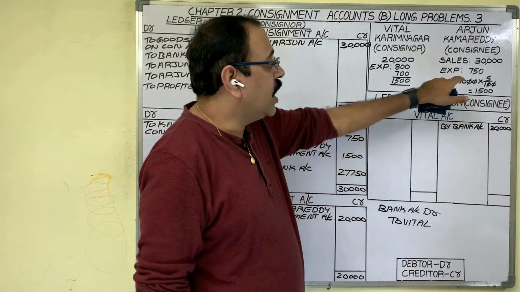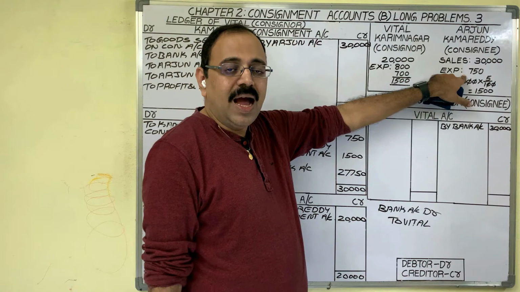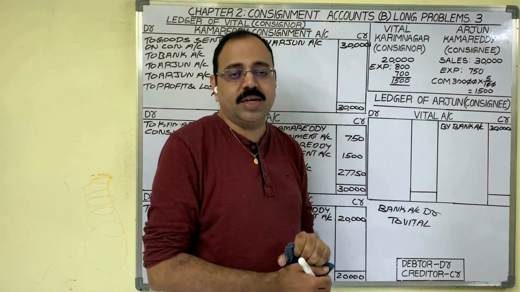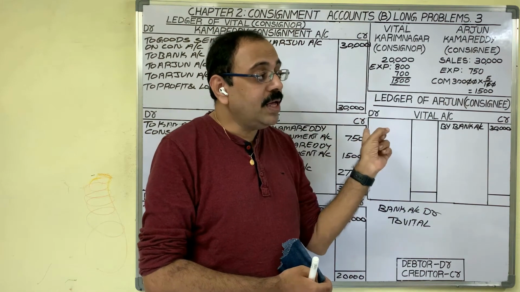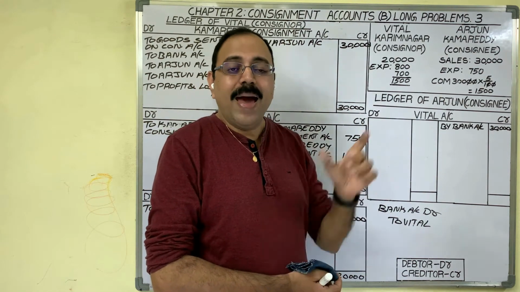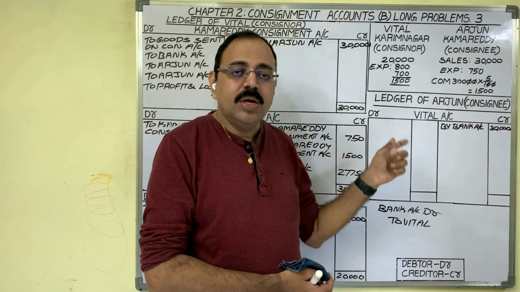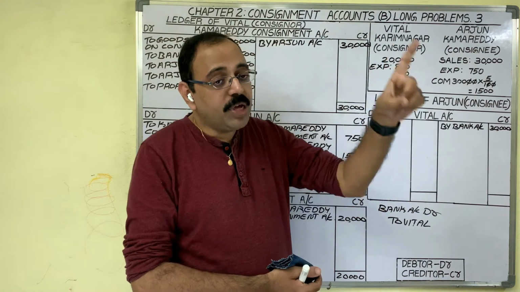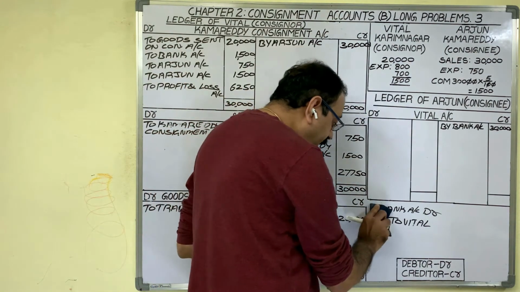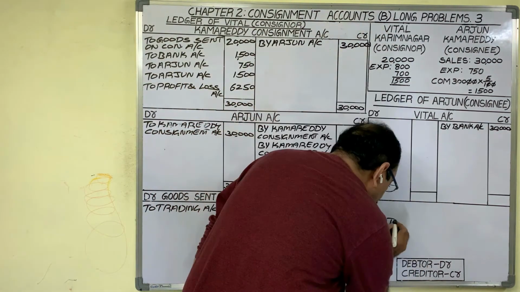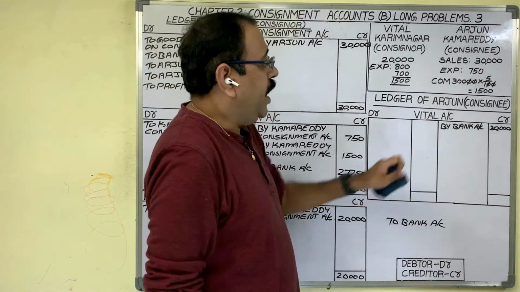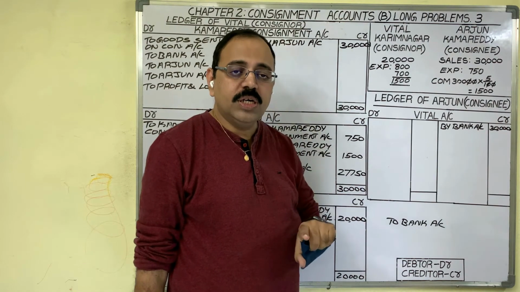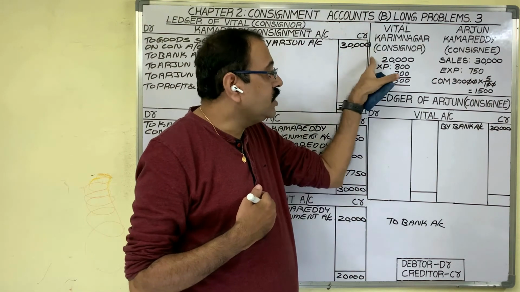Next is for consignee's expenses. Our assumption is the consignee paid this expenditure by issuing a check. So his banker becomes a giver. Bank account is a personal account. Personal account rule: debit the receiver, credit the giver. As the banker is becoming a giver, we should credit bank account. At present we are paying this 750, but in future we collect that amount from the consignor.